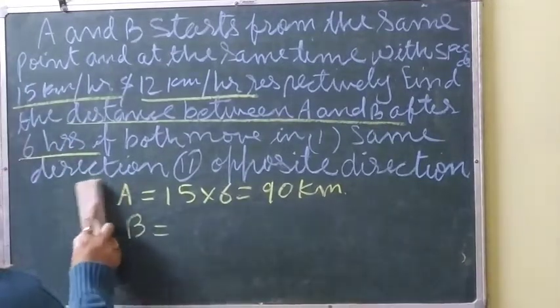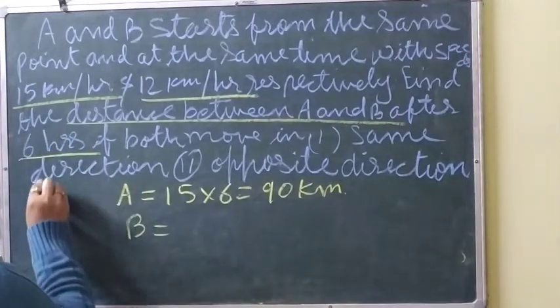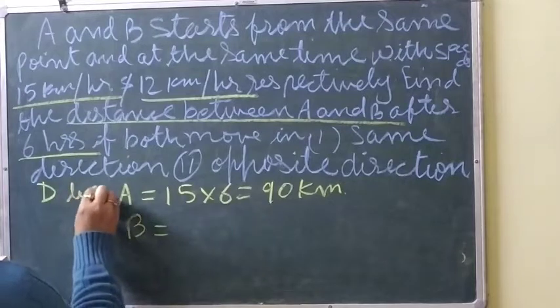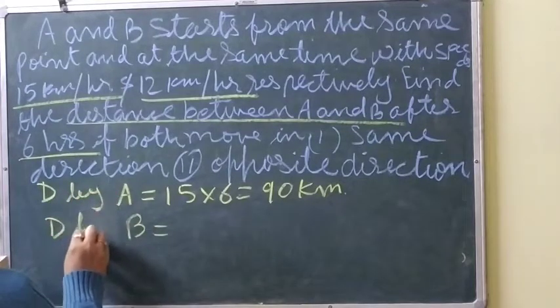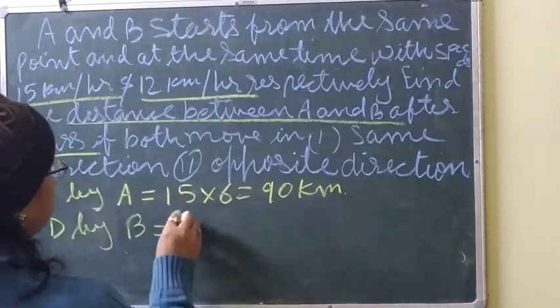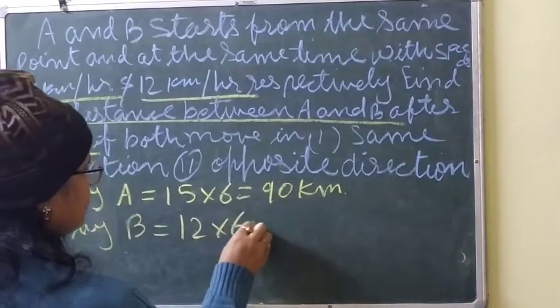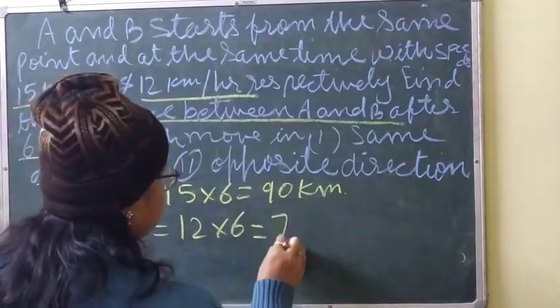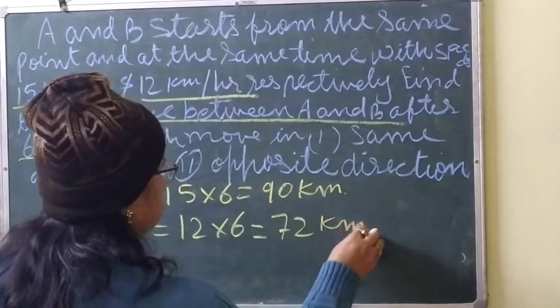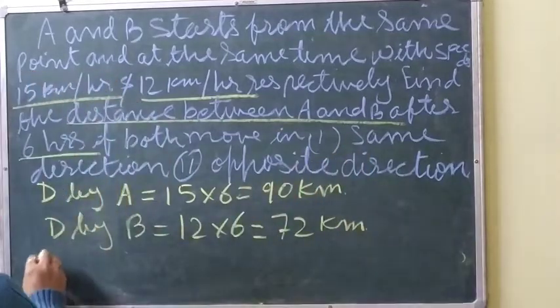Distance covered by B, and distance covered by A. So here it will be 12 into 6, 72 kilometers.